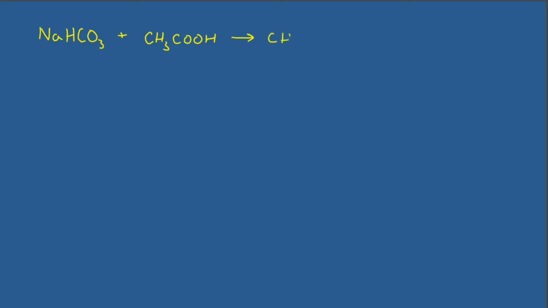CH3COO, and this time I'm making a sodium salt, which we would call sodium ethanoate. You might notice that the ending of this is the same as we would give to an ester.